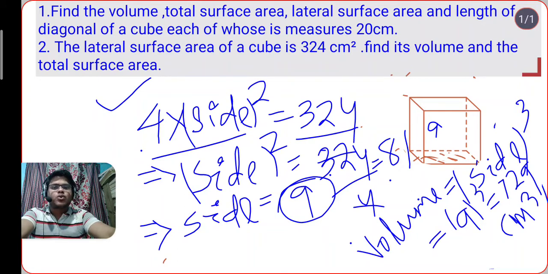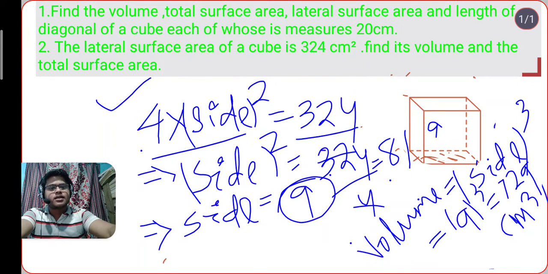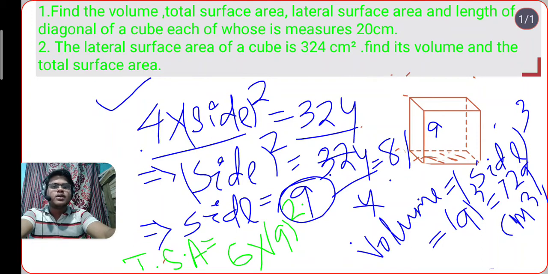After that, to calculate the total surface area, in this case I'm directly writing the answer here. So we can write 6 into, because 6 faces, and all the faces have equal areas. So I can write here 6 into 9 square for the total surface area. I have to put the formula 6 into side square.